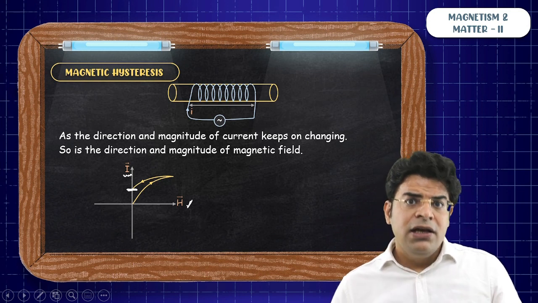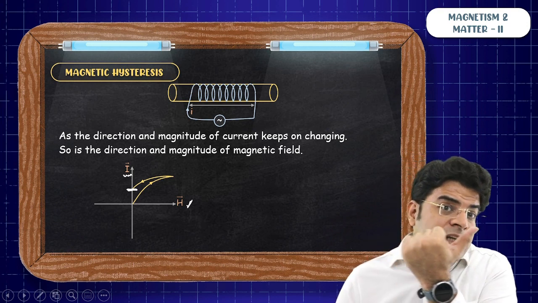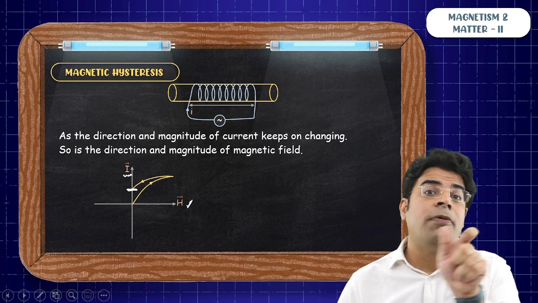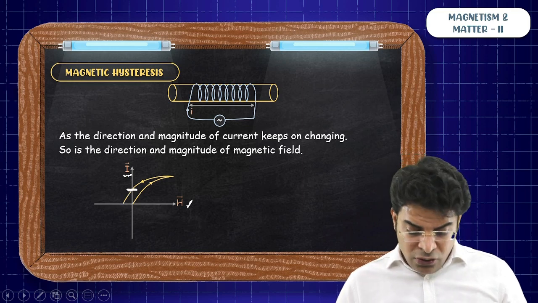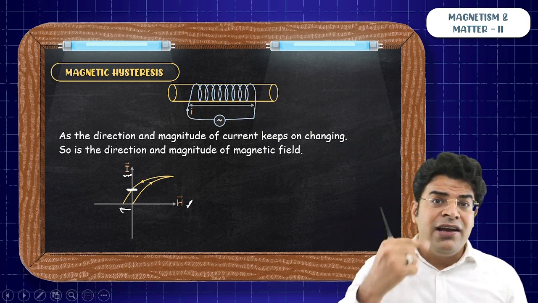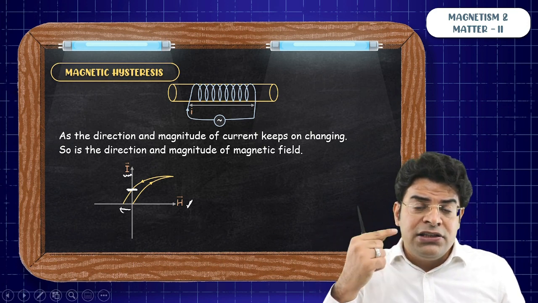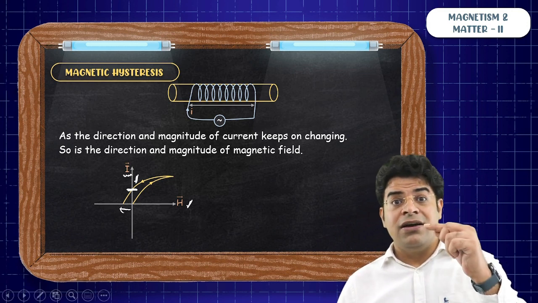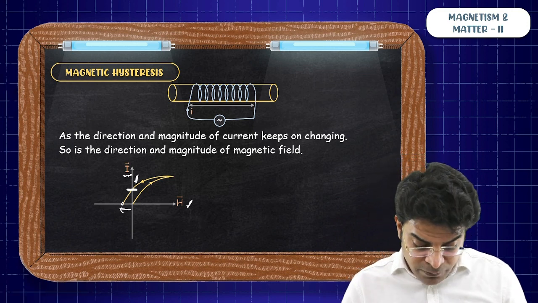Now when the magnetic field starts to increase in the opposite direction, the ferromagnetic substance starts magnetizing in the opposite direction. So as the magnetizing field intensity starts increasing in the negative direction, the intensity of magnetization first drops from some value, which was called retentivity, to zero.